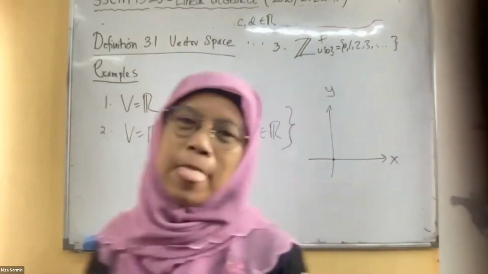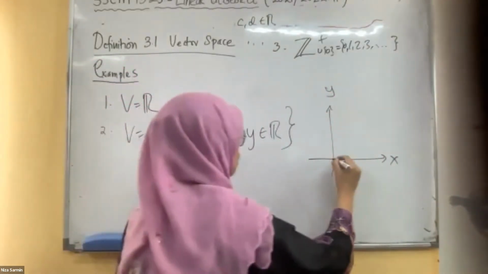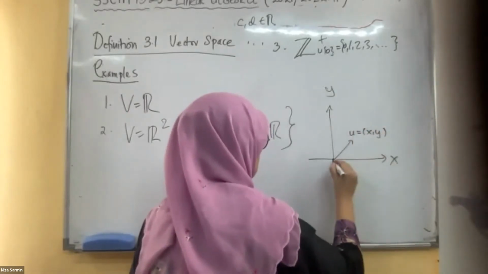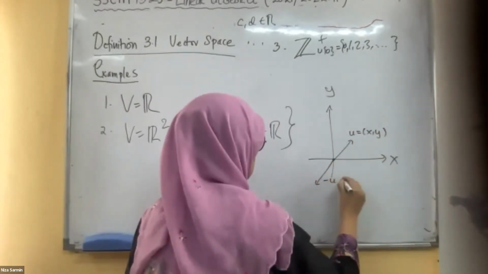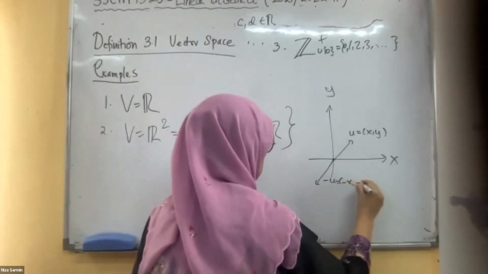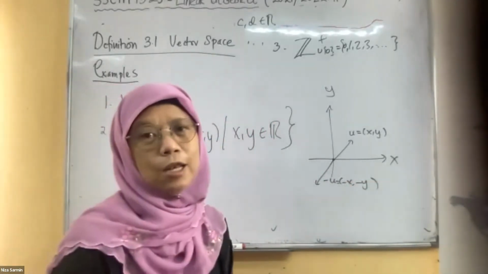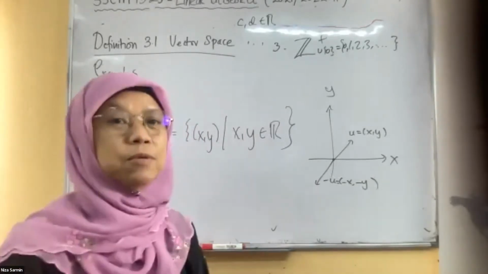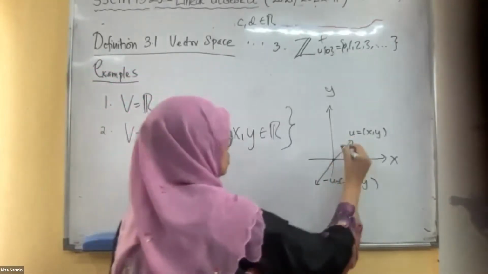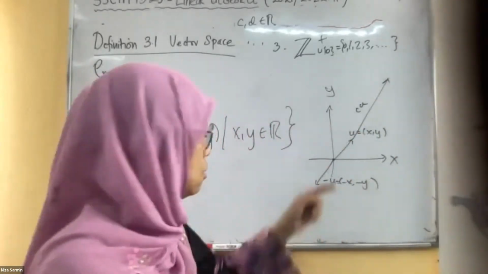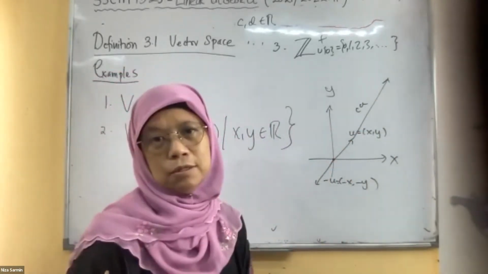And the negative of U, if U is (X, Y) like this, the negative will be (negative X, negative Y), right? And C times U is the multiple there or multiple down here.